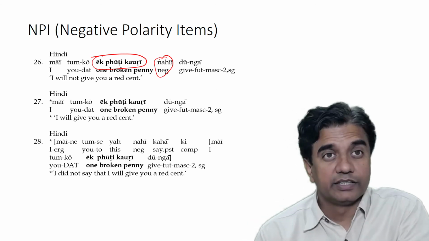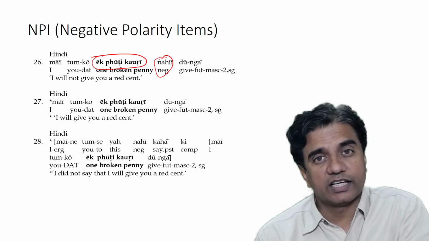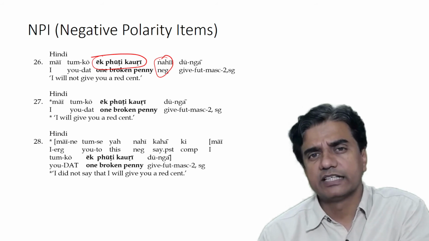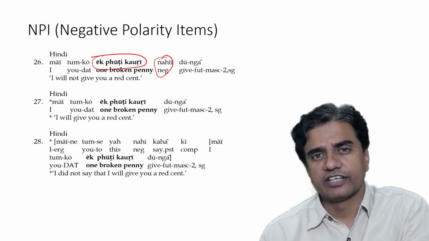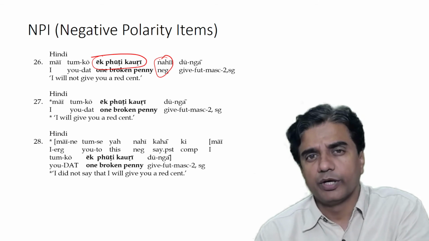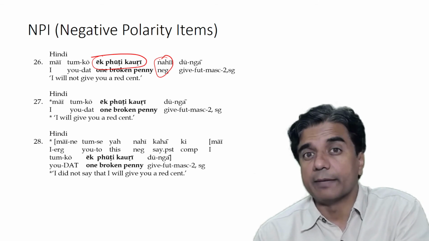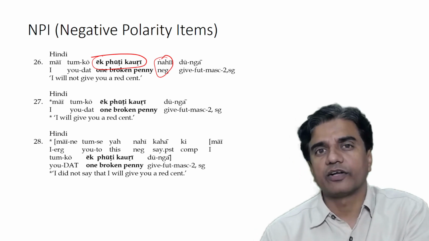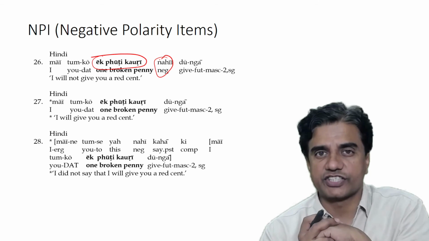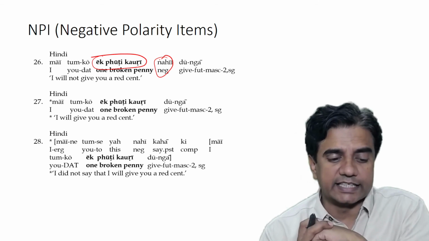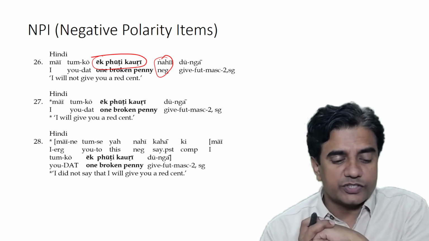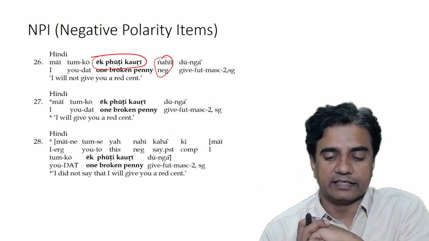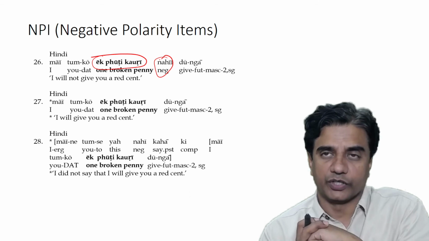The other restriction on the licensing of this strict type of negative polarity items is that the negation and the negative polarity item must both be part of the same clause. That is, there must not be another clause intervening between the two, as you see in example 28. मैंने तुमसे ये नहीं कहा कि मैं तुमको एक फूटी कौड़ी दूंगा.